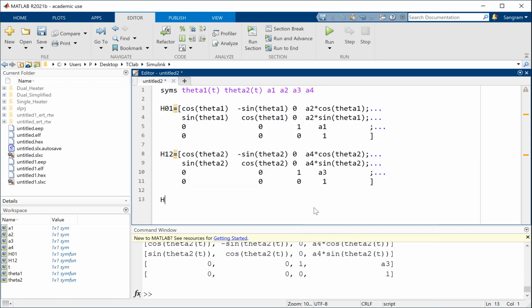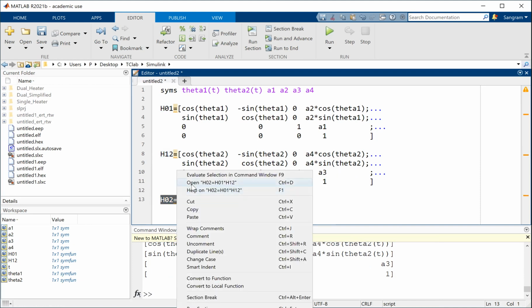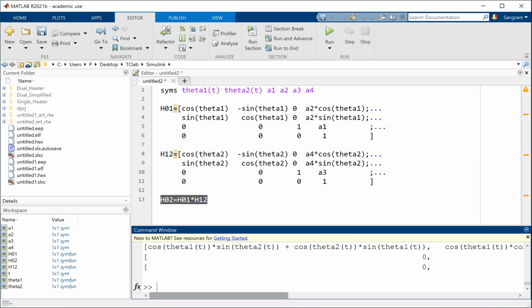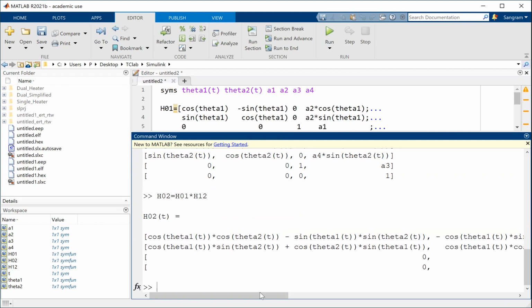H02 is equal to H01 multiplied by H12. And this is your forward kinematic solution.